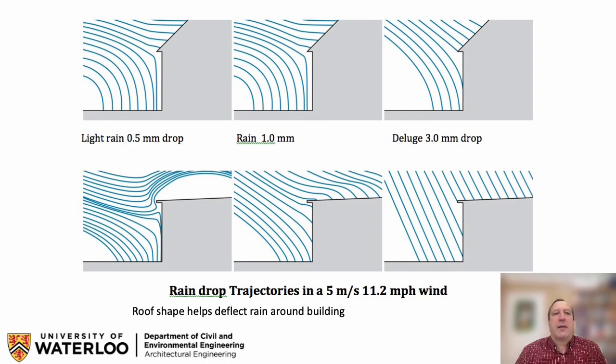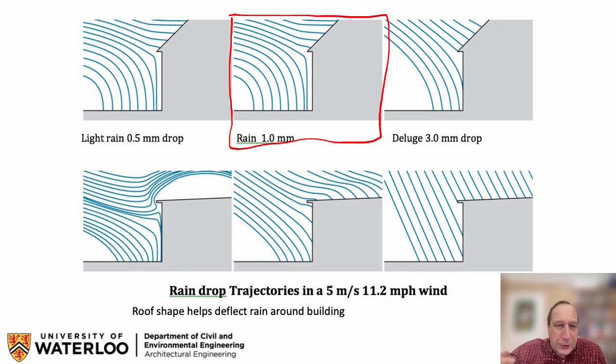If we focus on the 1 millimeter average, where it's raining and you definitely are putting your hood up before you go out the door, with a 5 meter per second wind speed you can see that the wind is being distributed away from the building such that the raindrop trajectories deposit their water in front of the building, not on the walls.